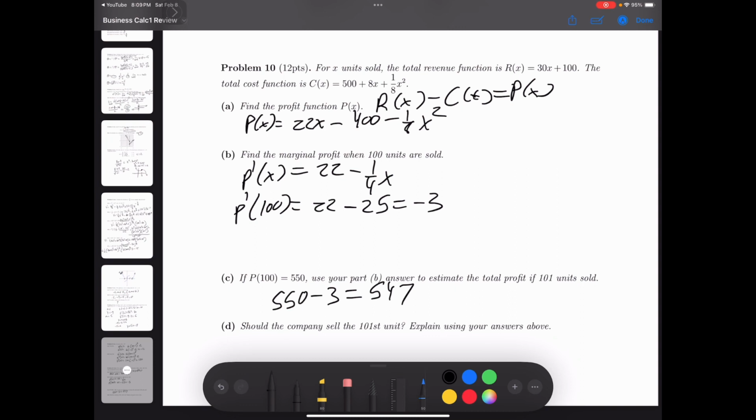And so the question is, should the company sell the 101st unit? The answer is no. The reason that we shouldn't sell the 101st unit is because our profit is going to go down as we make more units. We've passed our positive profit direction. And that's our review sheet.